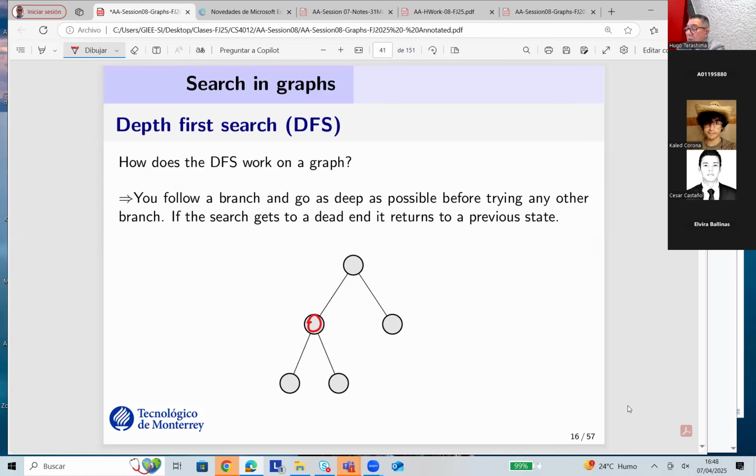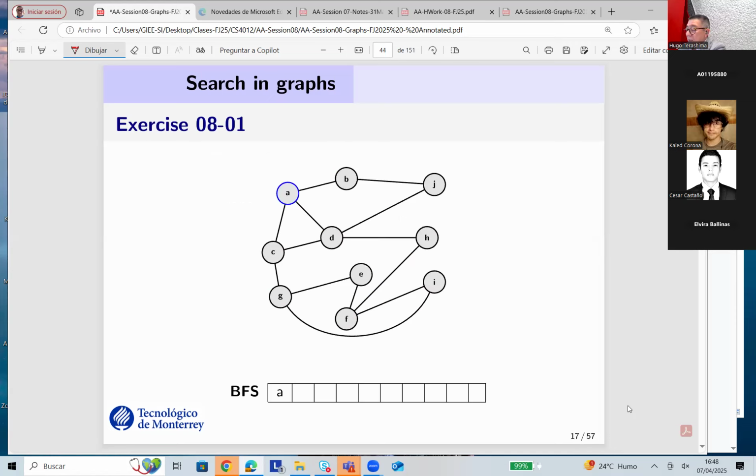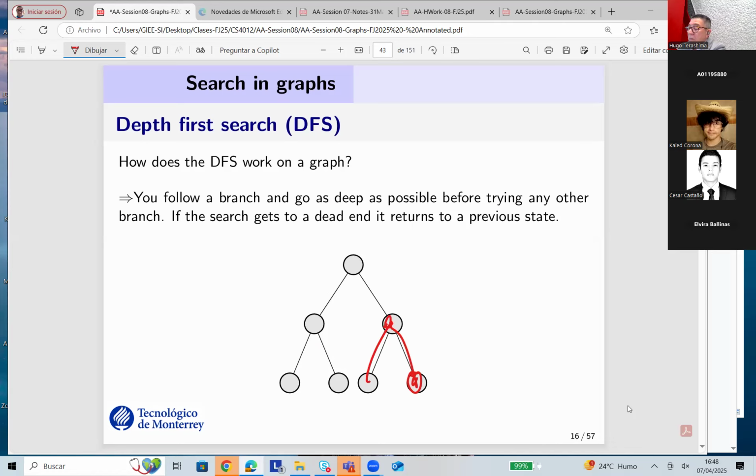No more, backtrack, and continue on the other branch, right? And then continue deeper, no more, backtrack and continue, right? And then you say no more, backtrack, no more, you stop the search there, right?